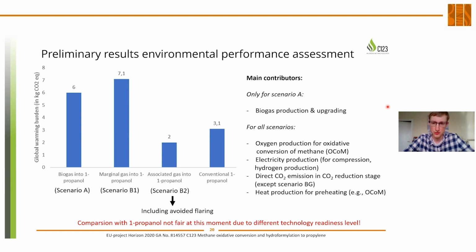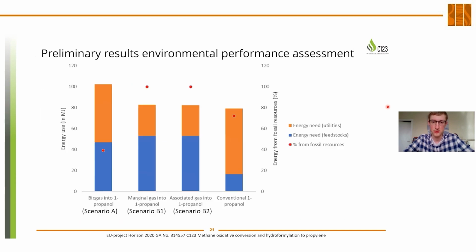In all scenarios, we saw that the oxygen production has a high share of the impact on climate change. Also the electricity production, the direct CO2 emission in the CO2 reduction stage, and finally also the heat production for preheating.